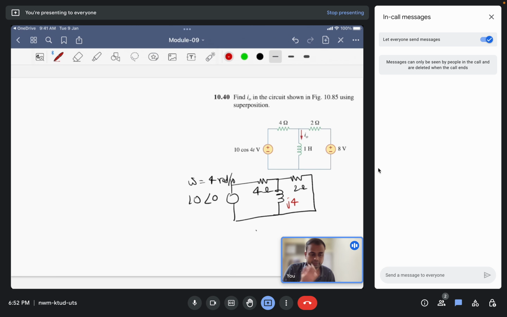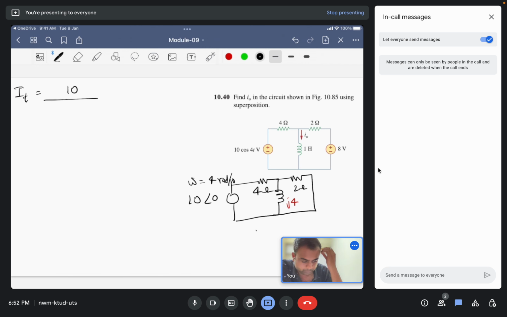So let us calculate first of all the current through the inductor using the AC supply. What will be the total current drawn? The total current IT will be 10 divided by the equivalent resistance.